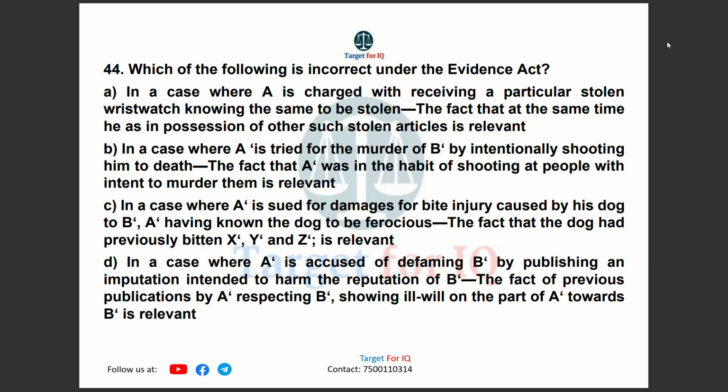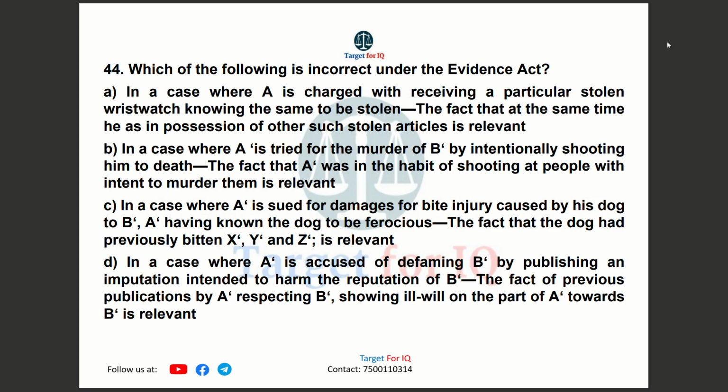Question number 44. Which of the following is incorrect under the Evidence Act? Option A. In a case where A is charged with receiving a particular stolen wristwatch, knowing the same to be stolen, the fact that at the same time he has in possession other such stolen articles is relevant.